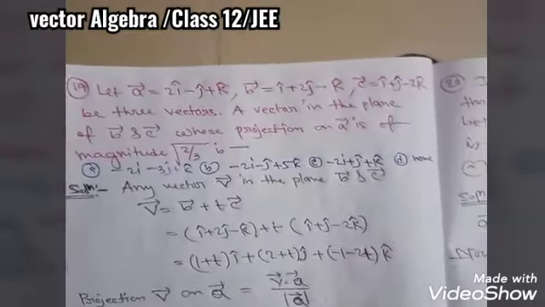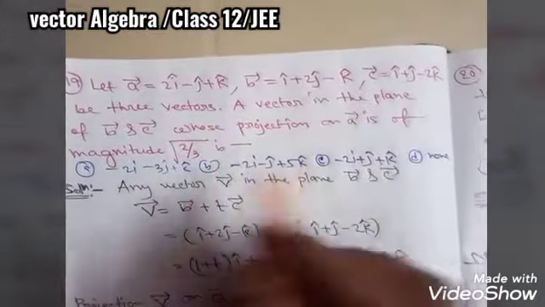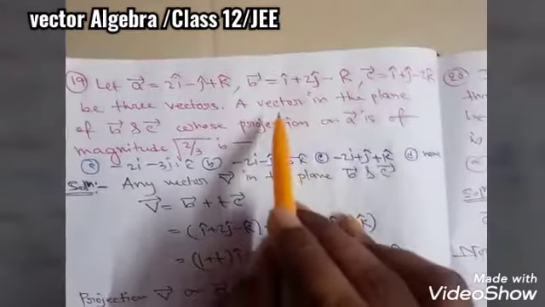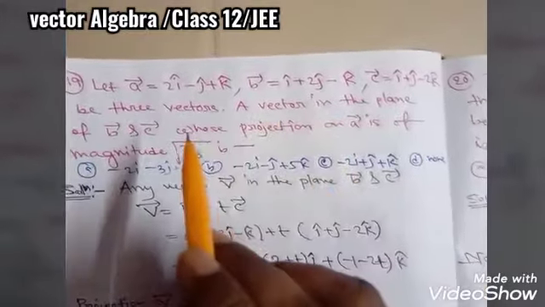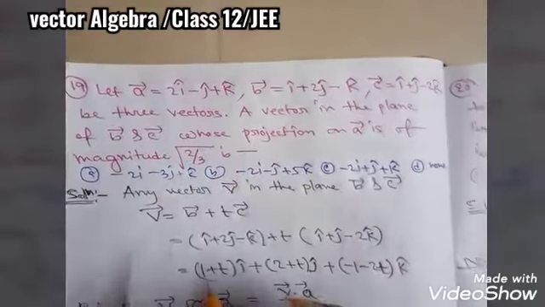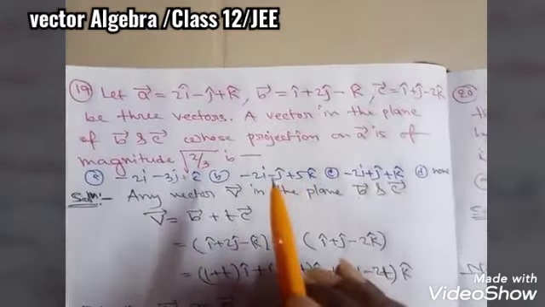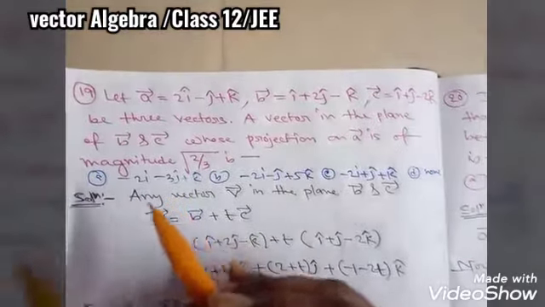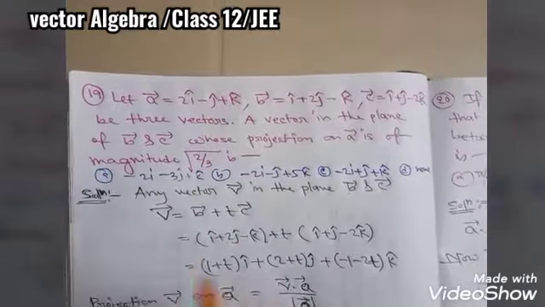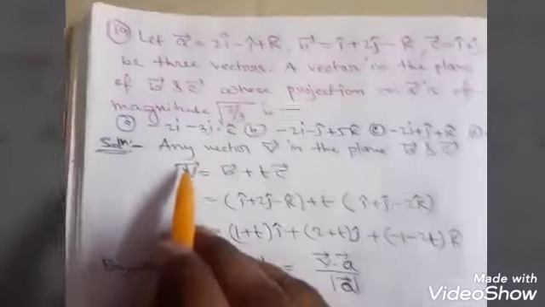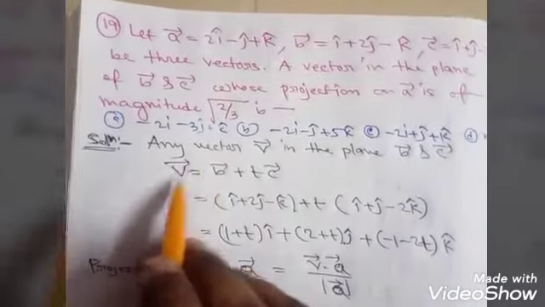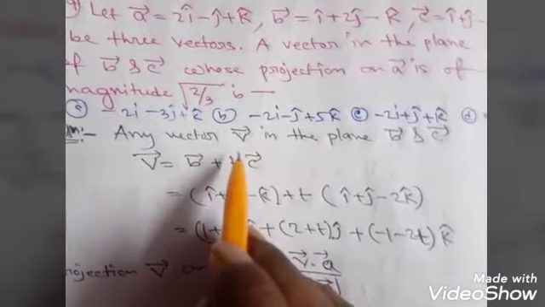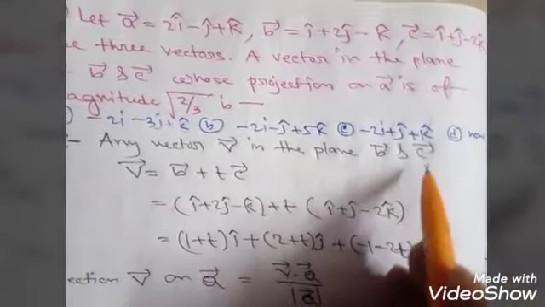Okay. So A, B, C, D, four options are given. Which one is correct? Now see, you have to find one vector which lies on a plane, and at the same time B and C, these two vectors, also lie on that plane. So in that case, we will take a vector V as the required vector in the plane of B vector and C vector.